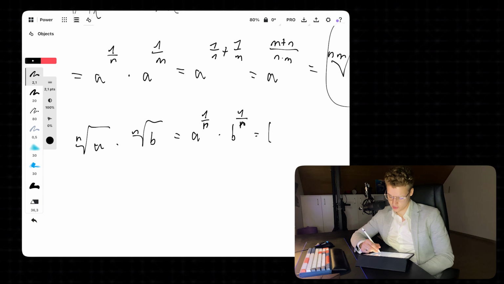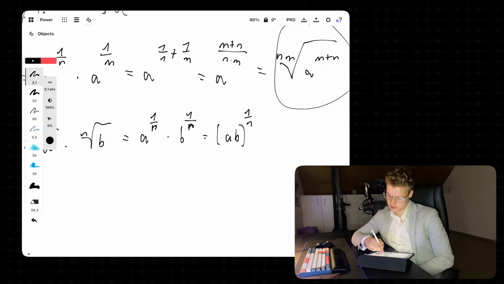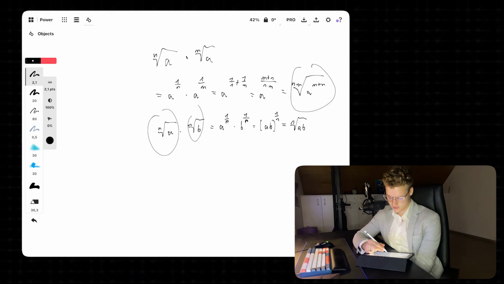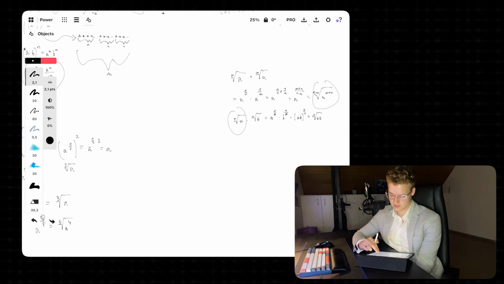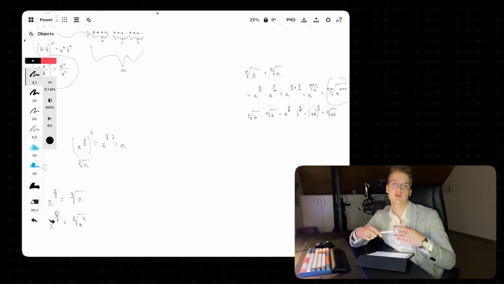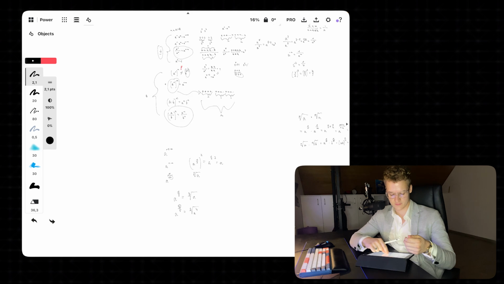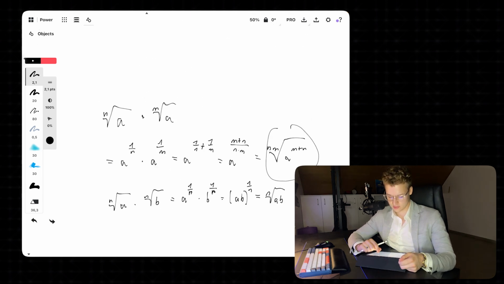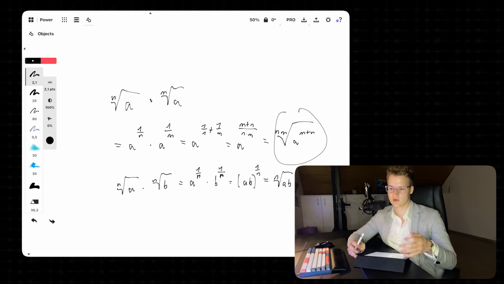And that's gonna be equal to ab to the power of 1 divided by n, and that's gonna be equal to the nth root of ab. Okay? So all of these rules, as you can see, are very related, and if you have a root, you just transform it into a fraction and then use the rules that you have at your disposal.